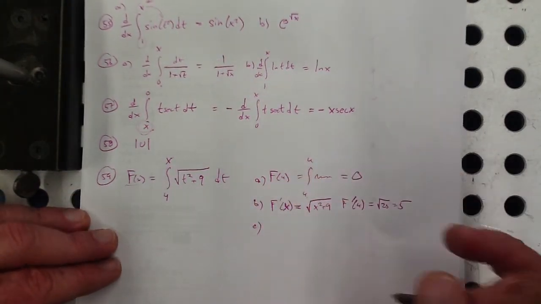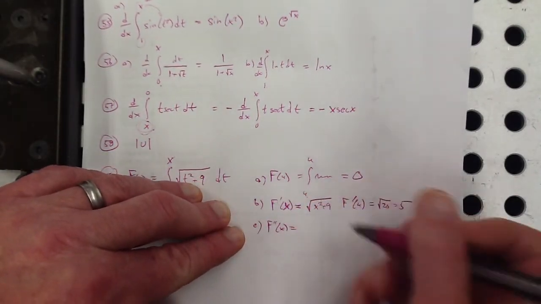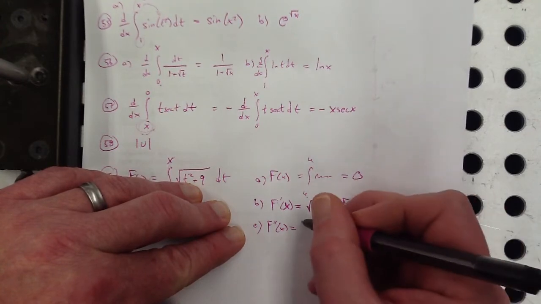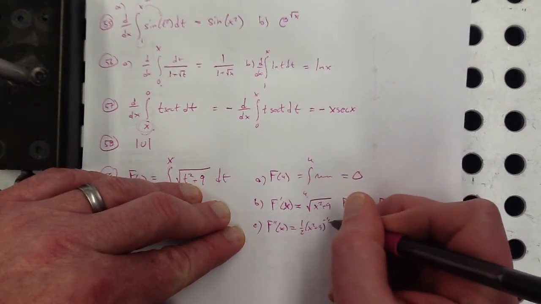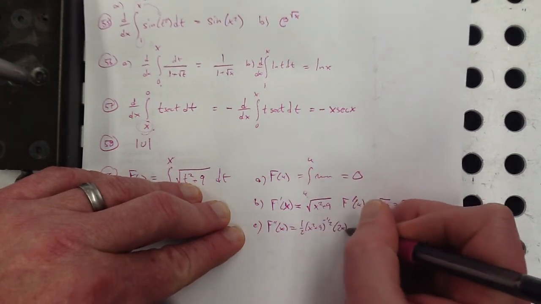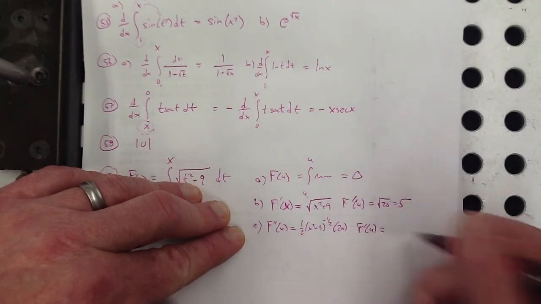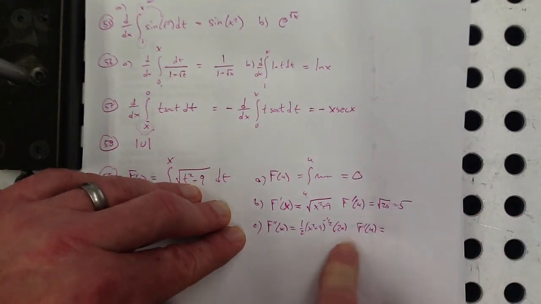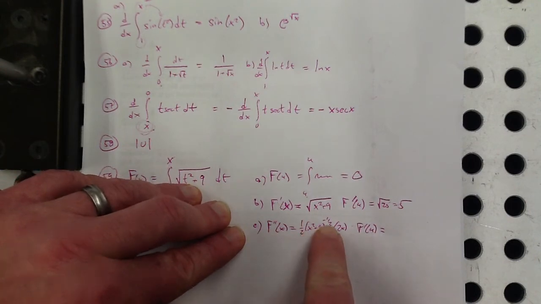And then how about f double prime? Well, I just need to take the derivative of this. So that thing to the 1/2, that's 1/2 times x squared plus 9 to the negative 1/2 times the derivative of what's inside. So for f double prime of 4, let's see, that's 25. The square root of 25 is 5.